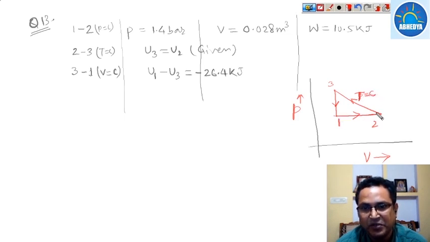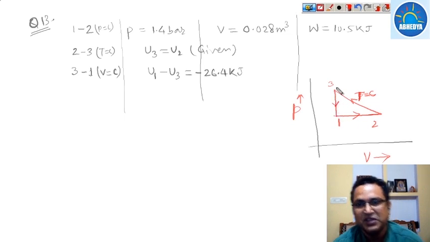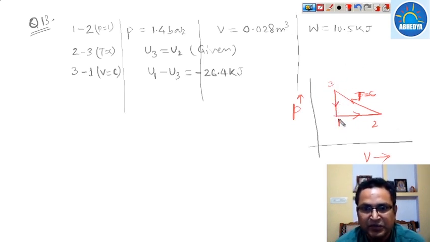This is an isobaric process, and this is your isochoric process. So this is your PV diagram.